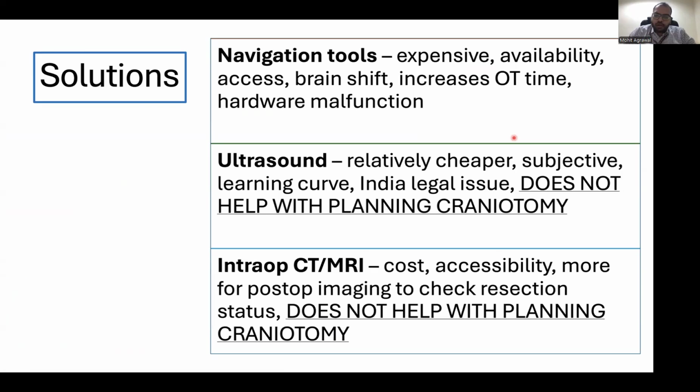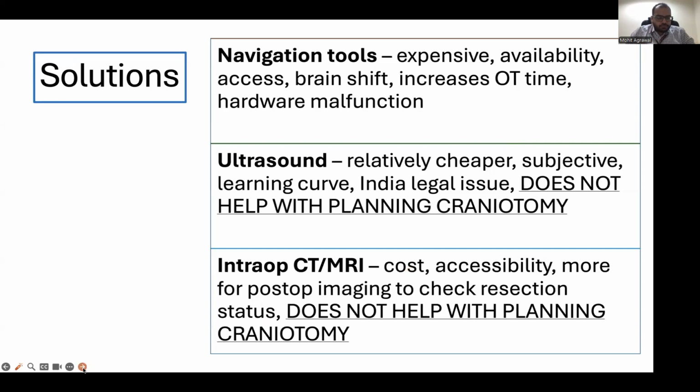Ultrasound is relatively cheaper, but it does not help with the planning of the craniotomy. It also has a learning curve once you start using it. Intraoperative CT and MRI, of course, cannot work without navigation, and there are also issues with accessibility and cost.